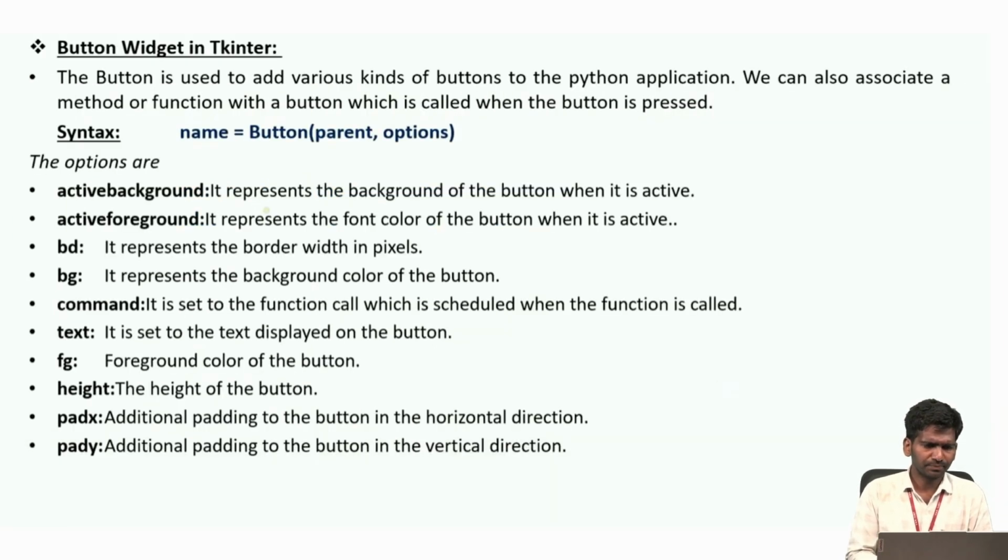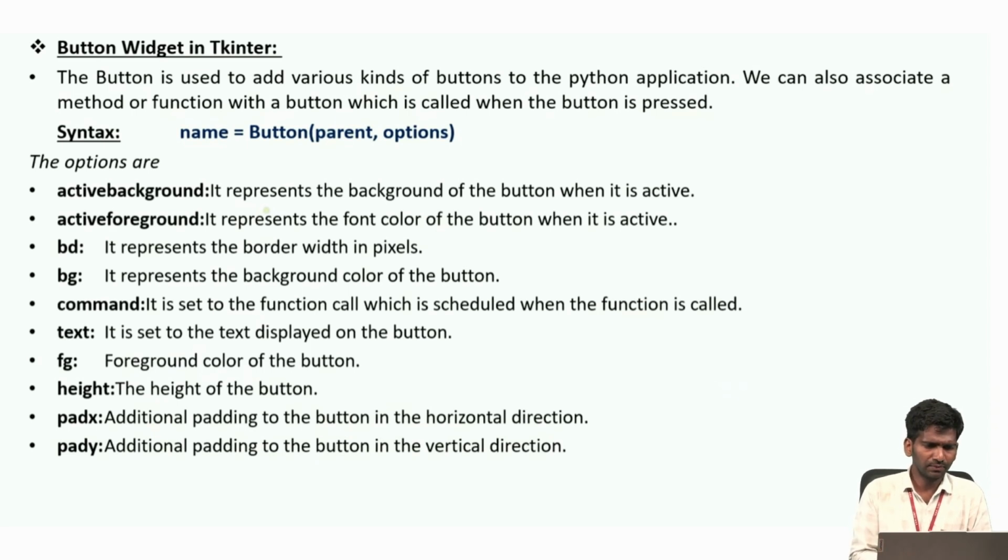Yeah, next button. So button, for button, what are the features that we can give? If you want to give color to your button, if you want to give background color, if you want to highlight your button, if you want to make your button functional, give some functionality, all those options can be seen from here. How we can add, how features can be added to the button. Okay, so options: active background, active foreground, BD, BG, command, text, FG, height, pad X, pad Y. All these are options that can be inserted in the button.